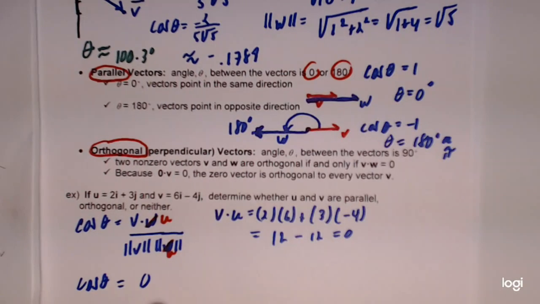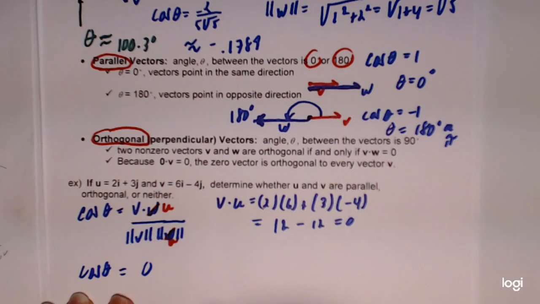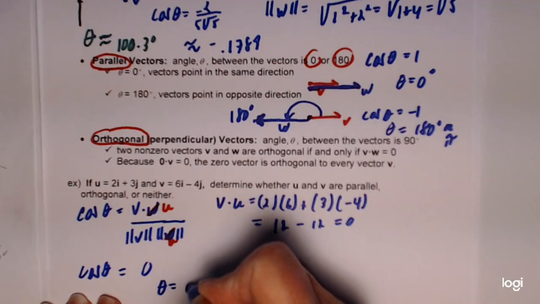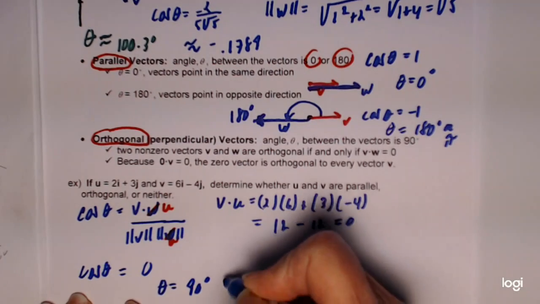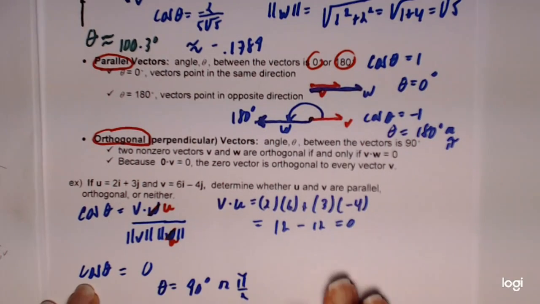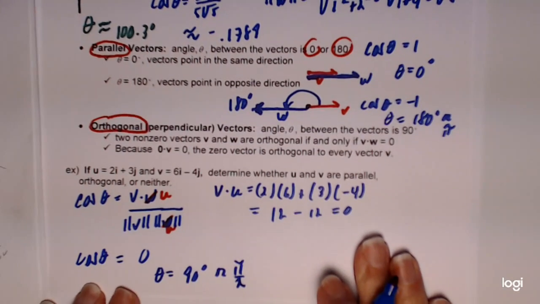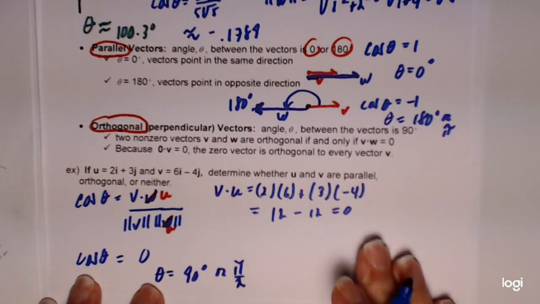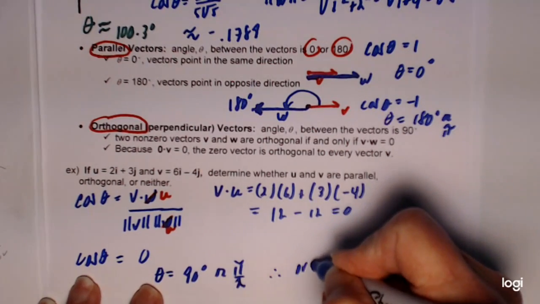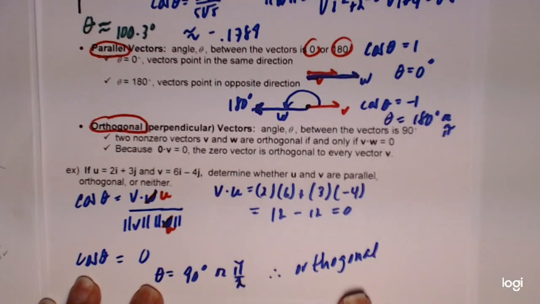So the cosine of our angle is 0, and we know that the angle theta that has a cosine of 0 is going to be 90 degrees or pi over 2. So therefore, because the angle in between these two vectors is 90 degrees or pi over 2, these vectors are orthogonal. So we can stop here.